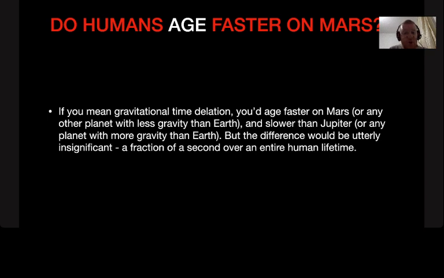But the difference would be utterly insignificant, a fraction of a second over an entire human lifetime. So it depends which planet you're on, how strong the gravity is. But actually, I think the stronger the gravity is, the slower time goes, and the weaker the gravity is, the faster the time will go.